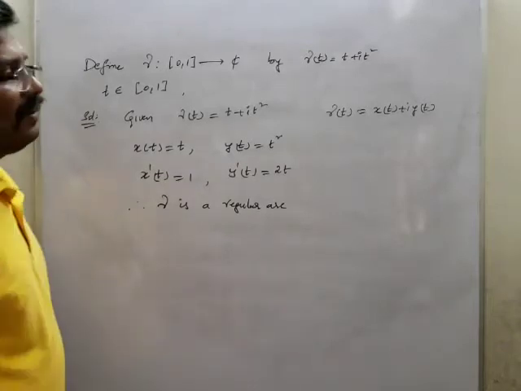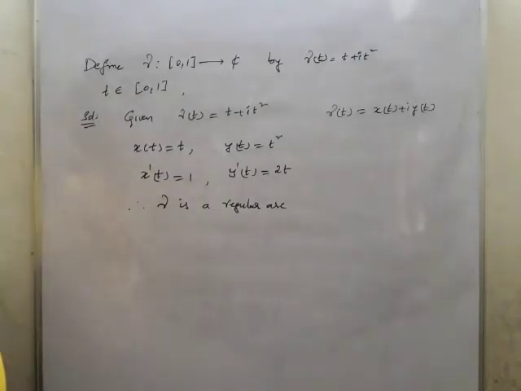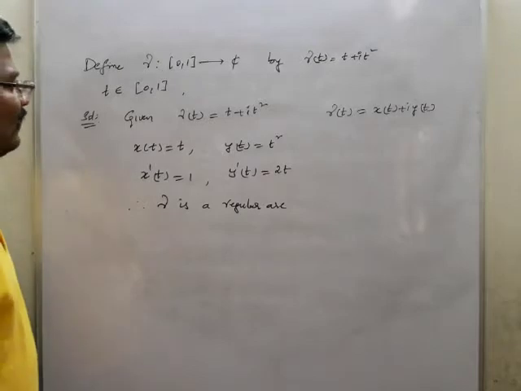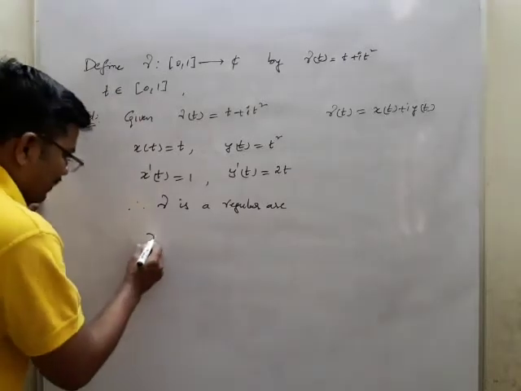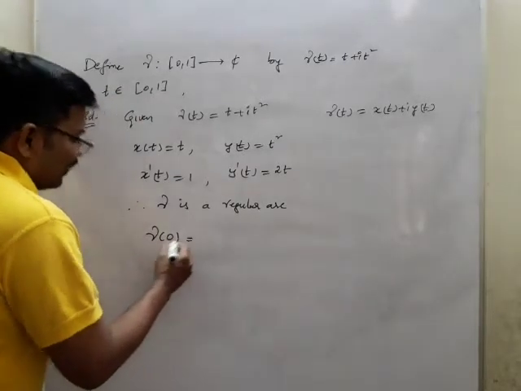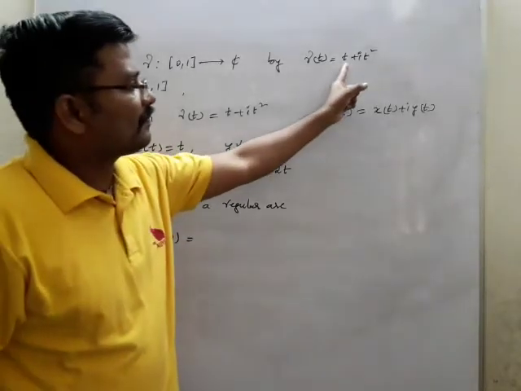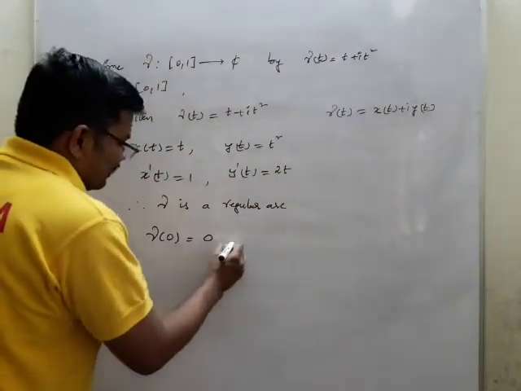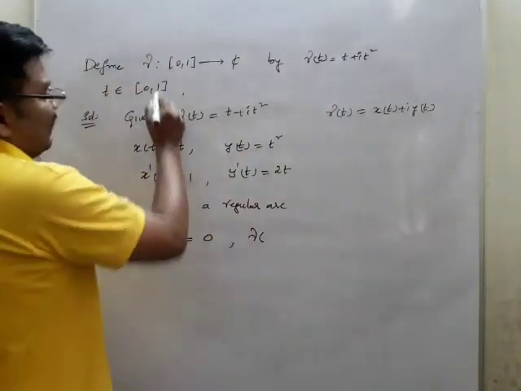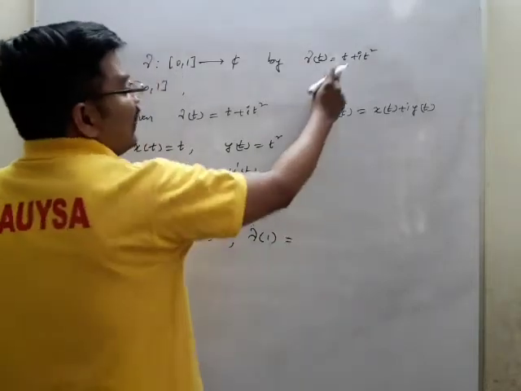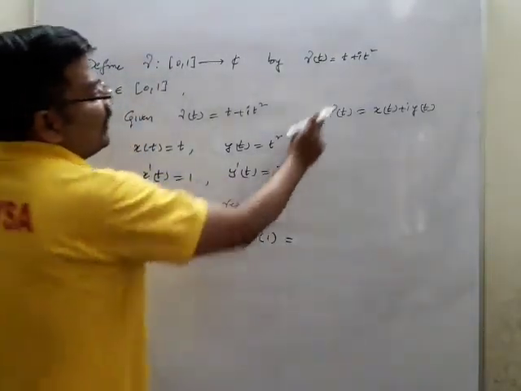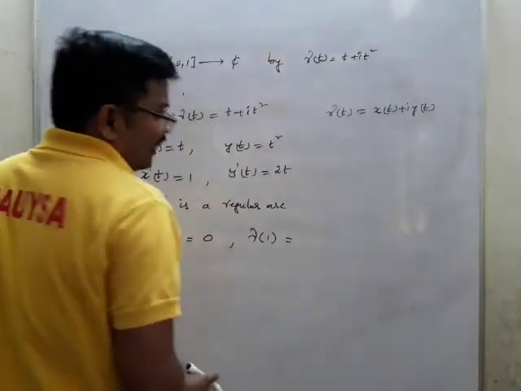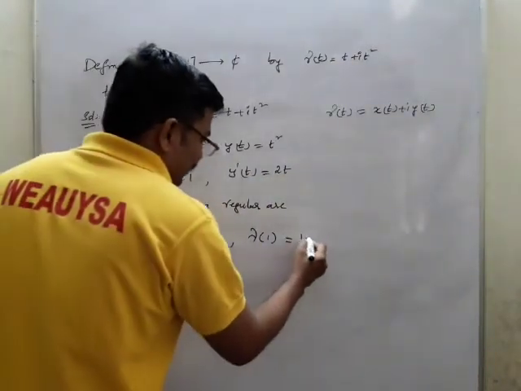Now we'll try to find out whether it is a closed curve or not. For that we need to apply the boundary conditions which are given, that is 0 and 1. So gamma of 0 you will be getting as 0, and gamma of 1, if you write 1 here, is 1 plus i into 1 square, which means 1 plus i.